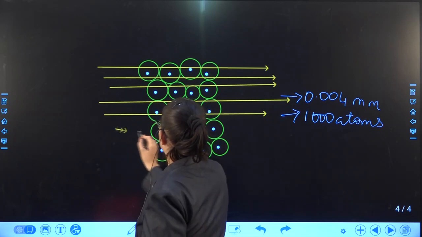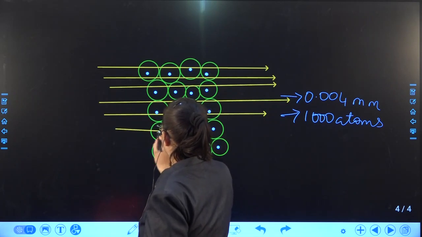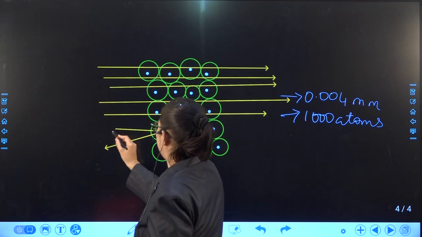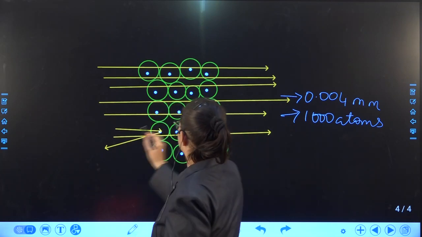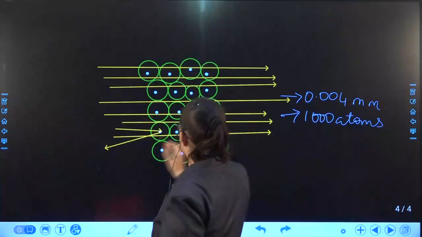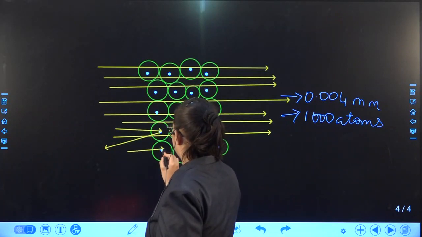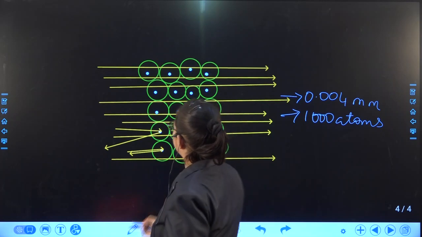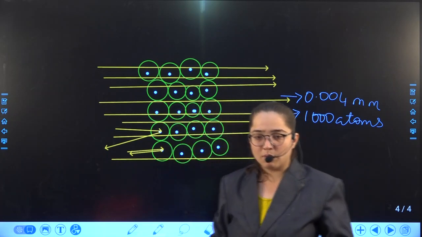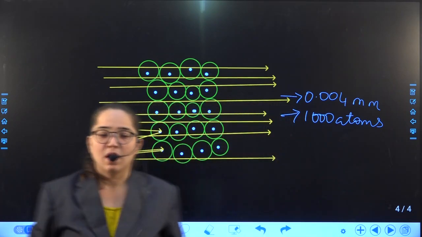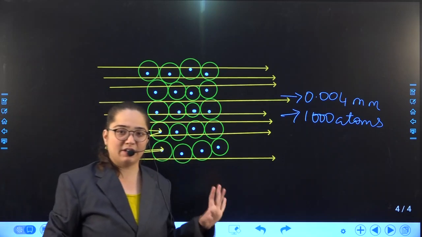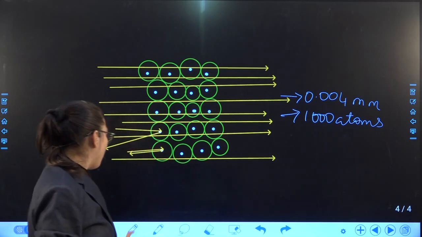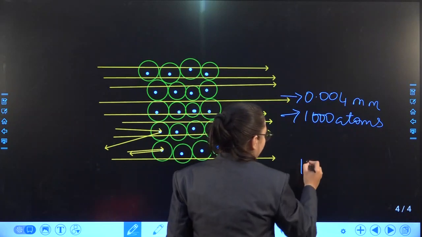But very few deflected at some angles. This is how everything went. Most of the alpha rays went straight away, but very few, that is 1 out of 12,000, rebounded back.